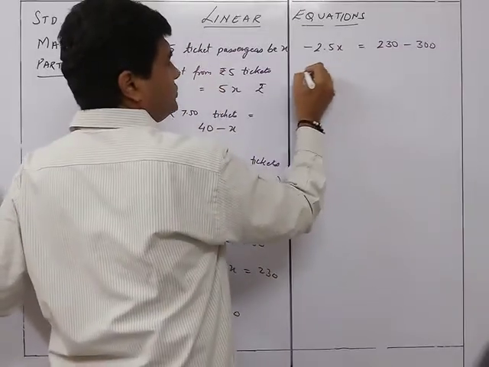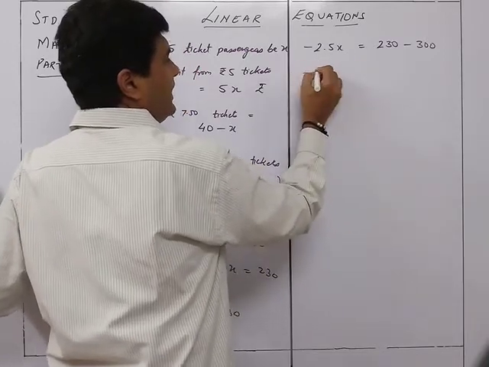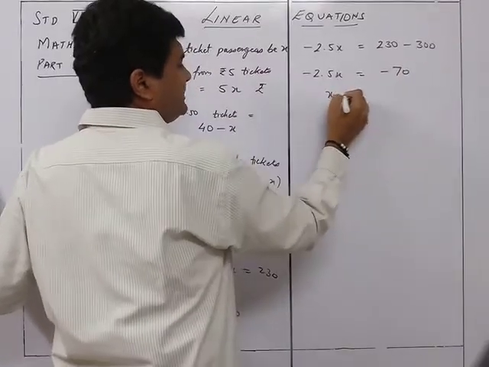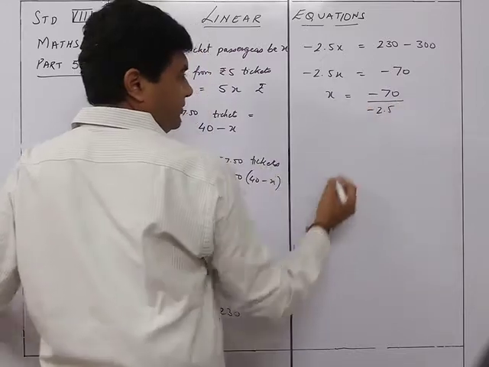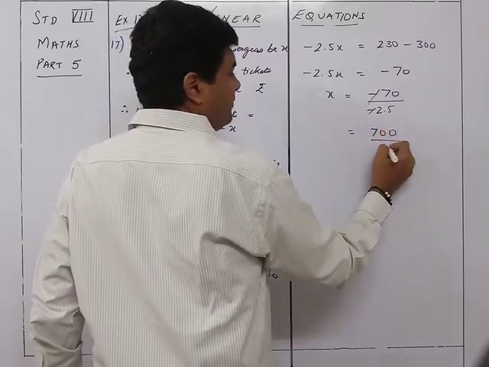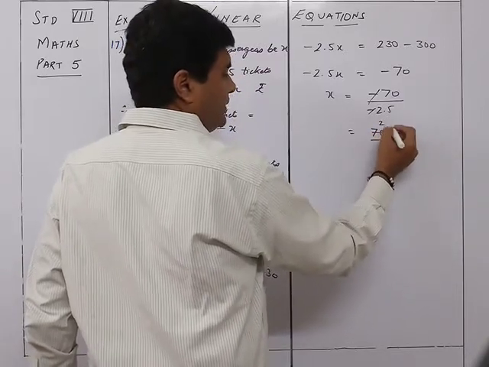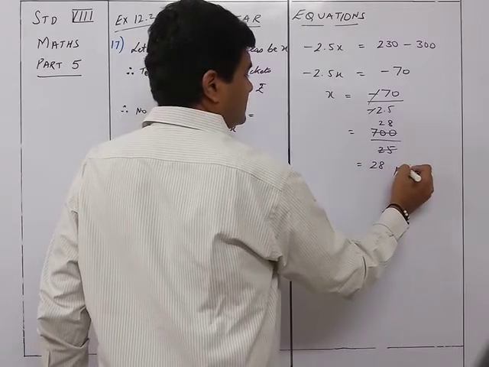So minus 2.5x is equals to minus 70. So x is equals to minus 70 upon minus 2.5. Minus gets cancelled. We can write it as 700 upon 25. So 25 2s are 50 and then 200 will be 8. So it will be 28 passengers.